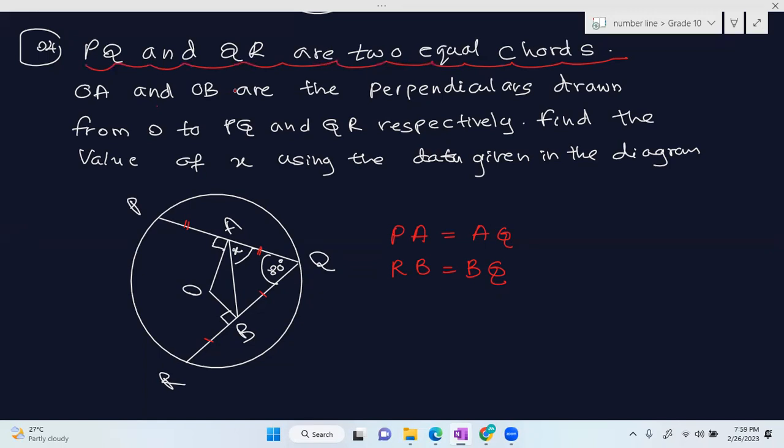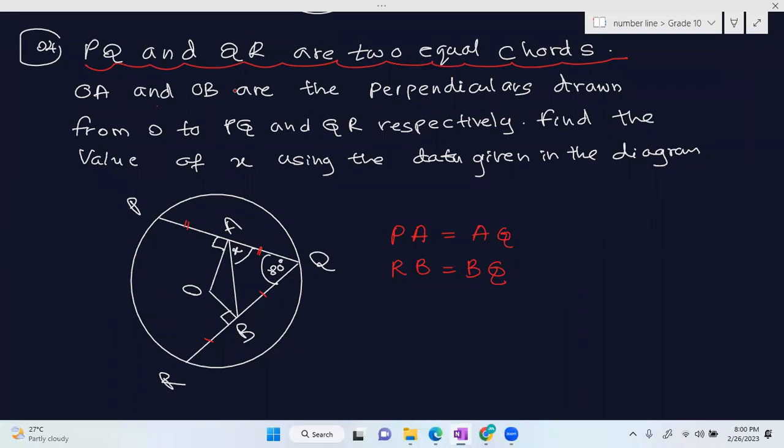Okay. So then OA and OB are perpendiculars drawn from O to PQ and QR respectively. That means these are perpendiculars drawn from the center O to the chords. It says that they bisect the chords.